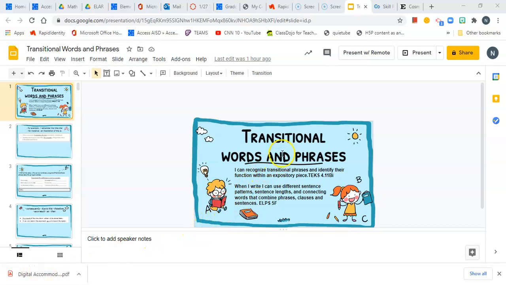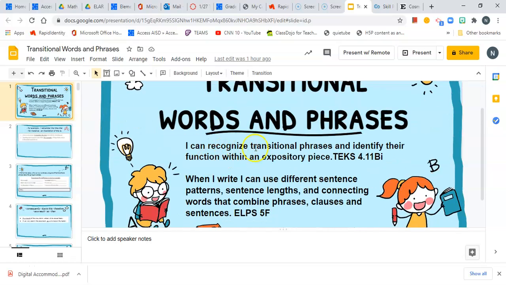Today we are continuing with transitional words and phrases. Remember our objectives. I can recognize transitional phrases and identify their function within an expository piece. TEKS 4.11bi. When I write, I can use different sentence patterns, sentence lengths, and connecting words that combine phrases, clauses, and sentences.